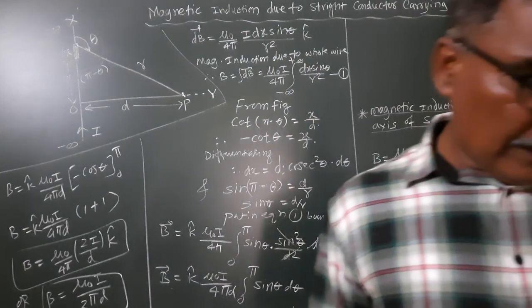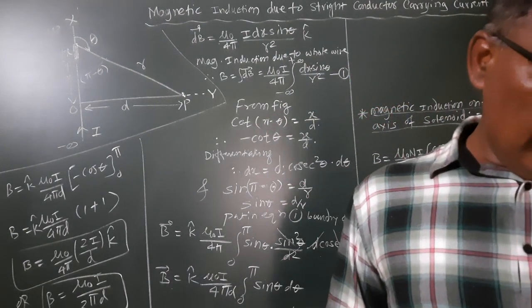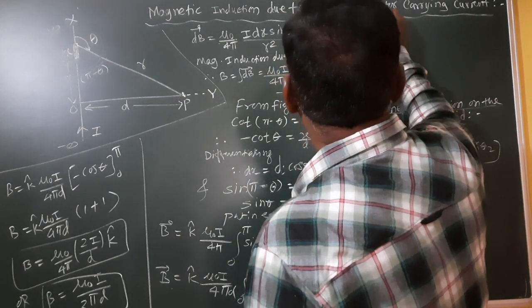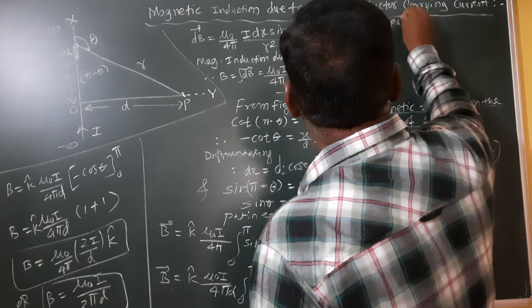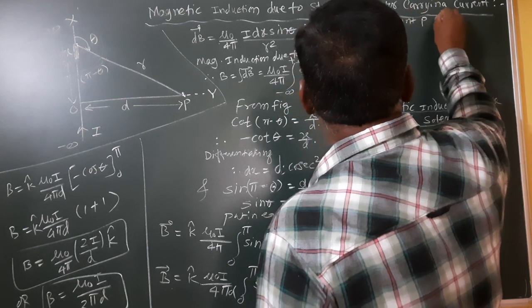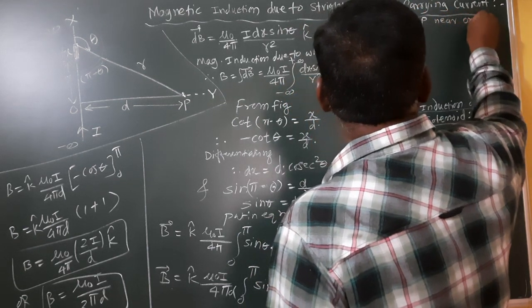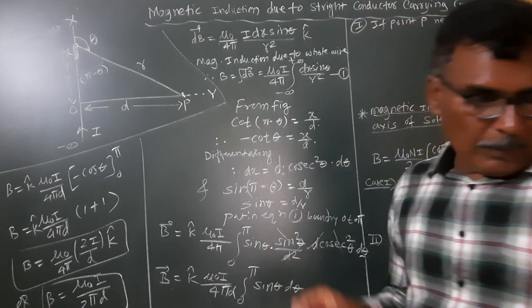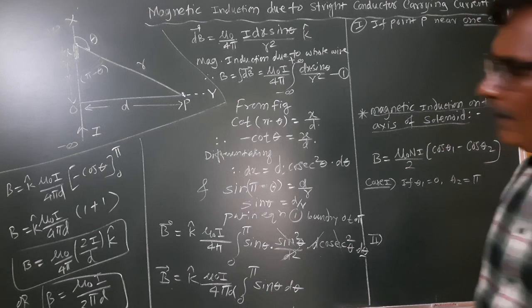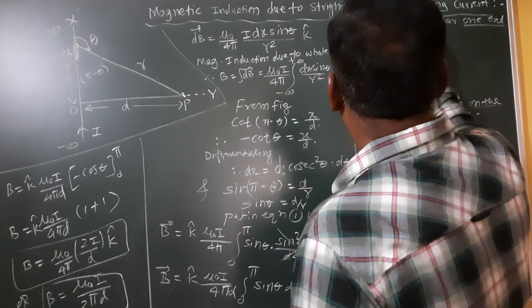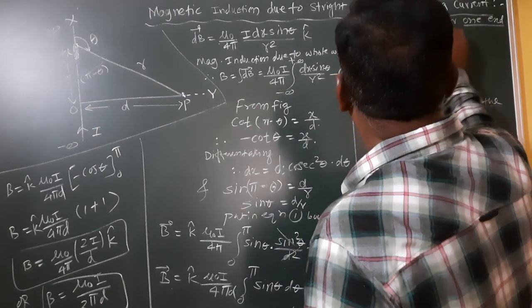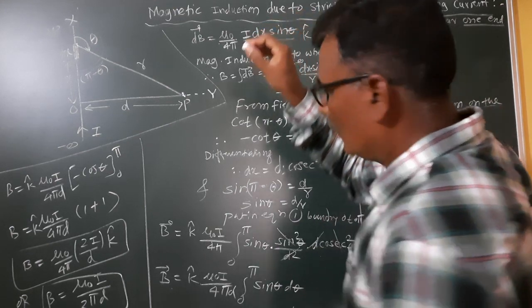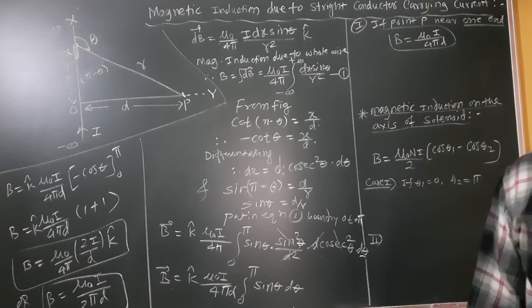Again, we have to write that if point P is near one end, then the formula for magnetic induction is B is equal to mu 0 I divided by 4 pi d.